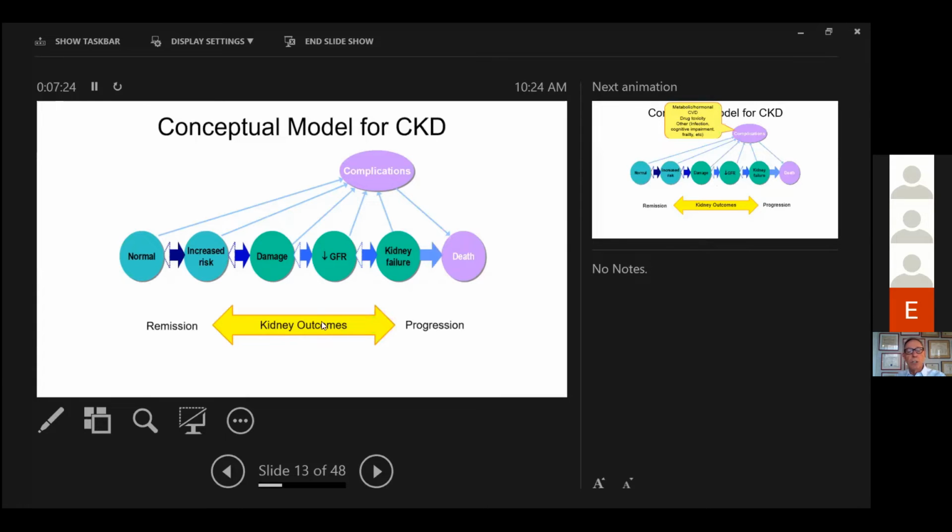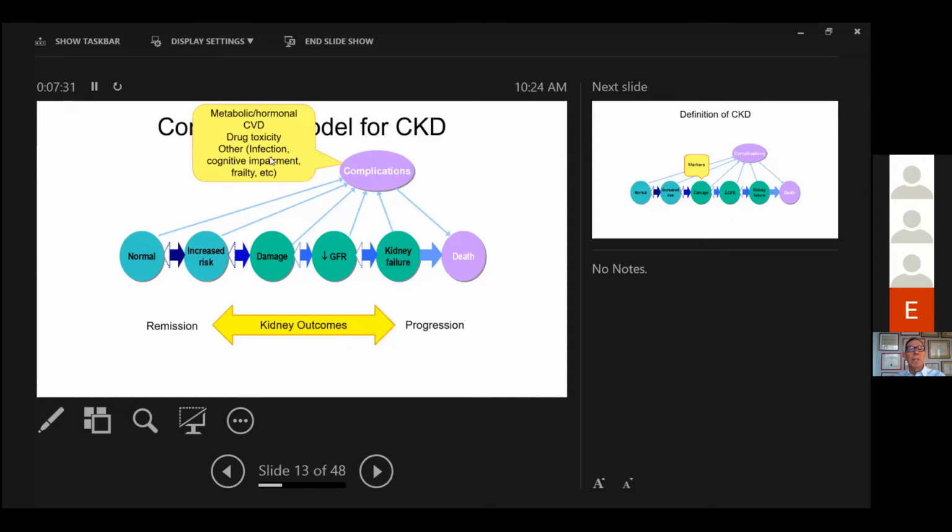Kidney outcomes are shown on the horizontal axis with progression this way, remissions this way, and complications are shown here. Metabolic and hormonal complications, these are the uremic complications, but we also now recognize cardiovascular disease, drug toxicity, and others, including infection, cognitive impairment, and other common diseases in the elderly.